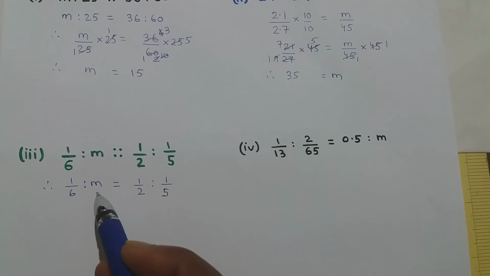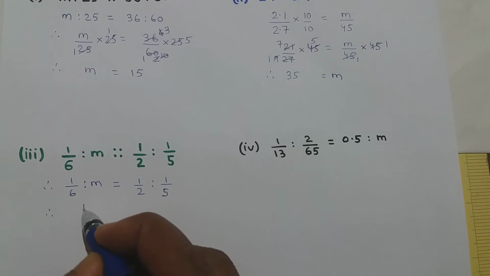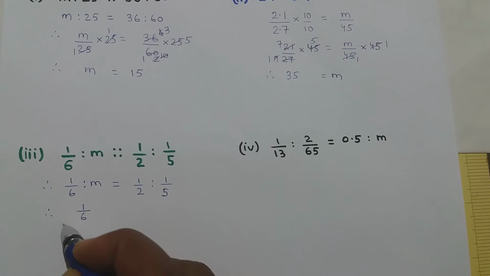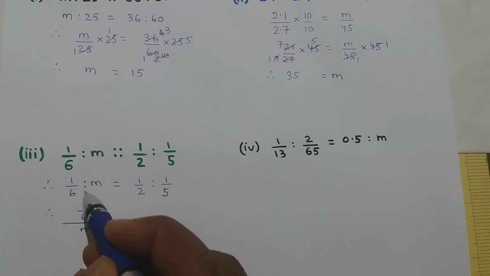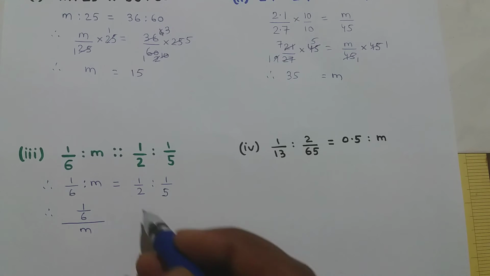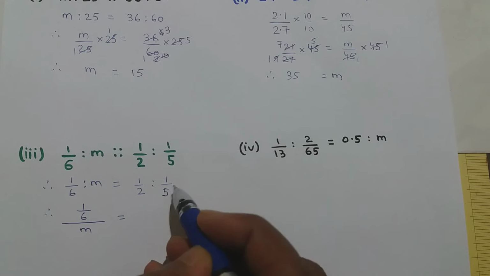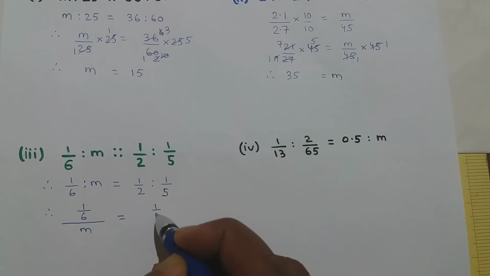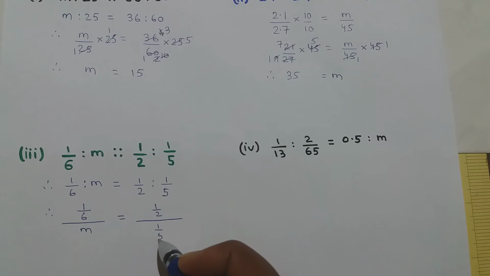Now 1 upon 6 is to m, I can write as 1 upon 6 upon m, that is equal to 1 upon 2 is to 1 upon 5, which I can write as 1 upon 2 upon 1 upon 5.